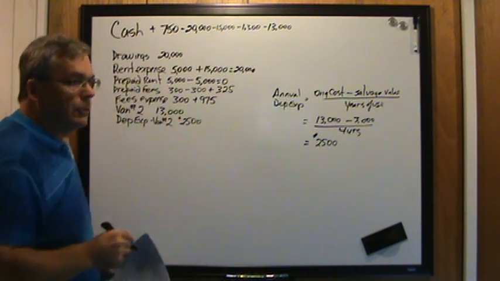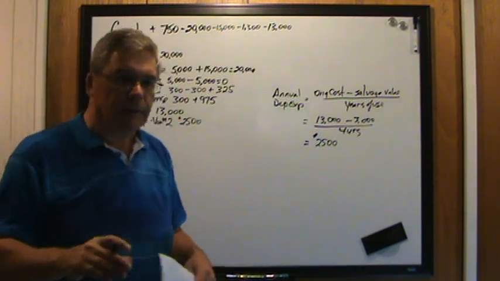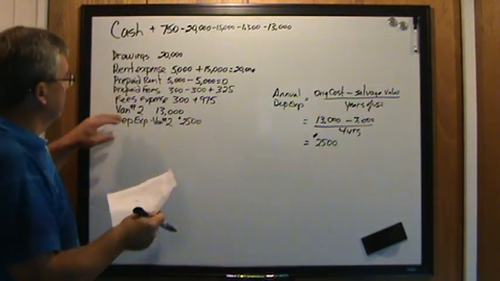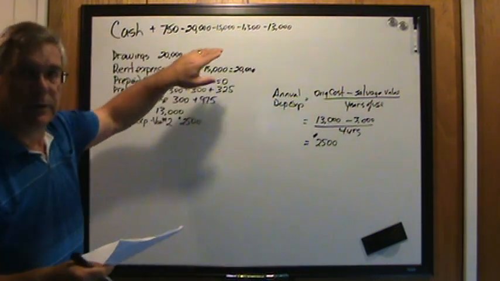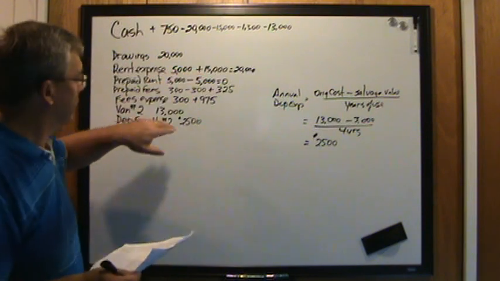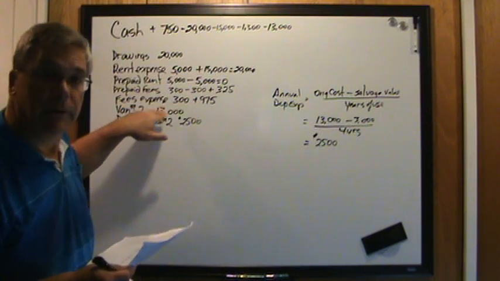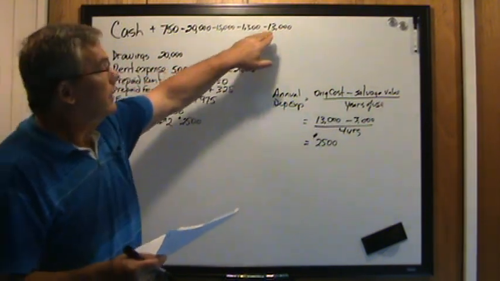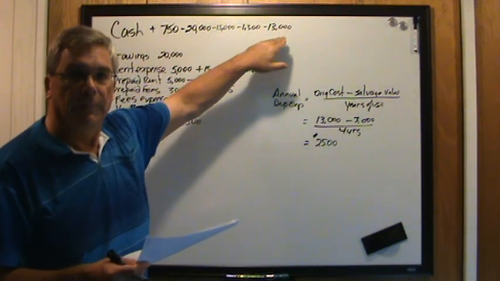Now, as you know, depreciation has nothing to do with cash. It has nothing to do with the cash deal when the van was purchased. That's all looked after. The value of the van is on the balance sheet, and the cash that's been spent comes off the balance sheet.